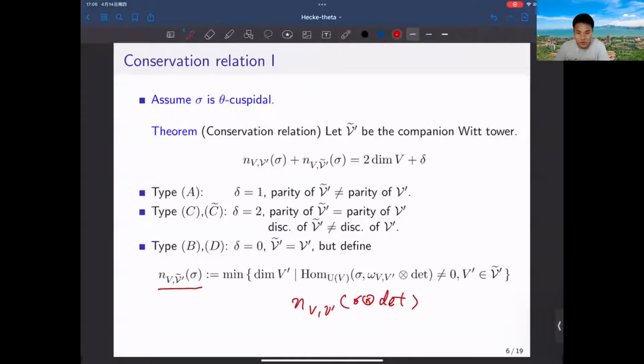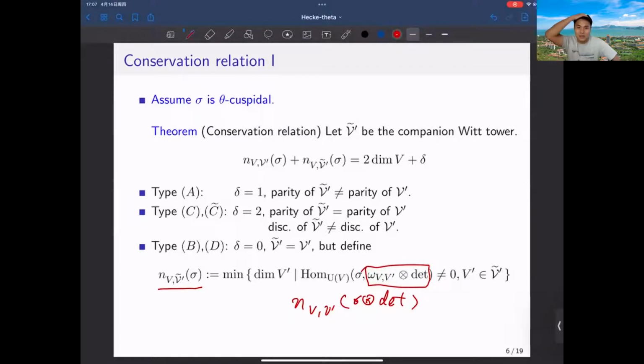However, I prefer, instead of twisting the representation, if you have ever read the proof of Bingsong and Chen-Bo Zhu on the conservation relations, they twisted this Weil representation instead of twisting the representation sigma by determinant. So we will have this kind of first conservation relation.